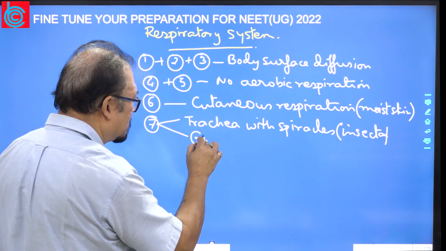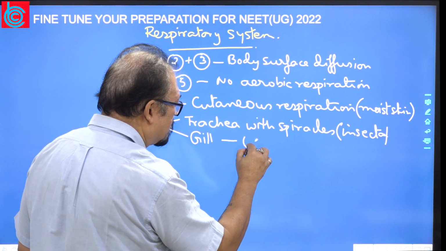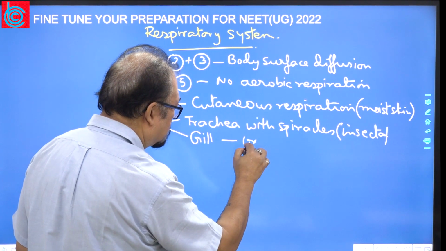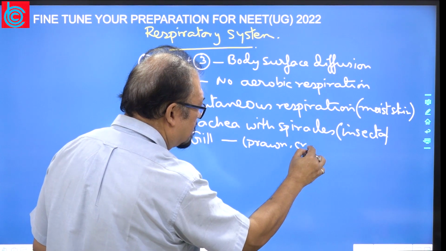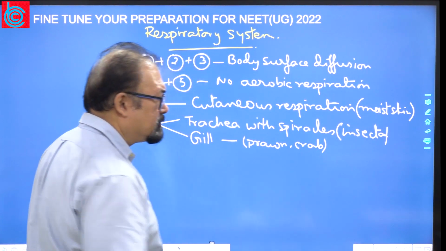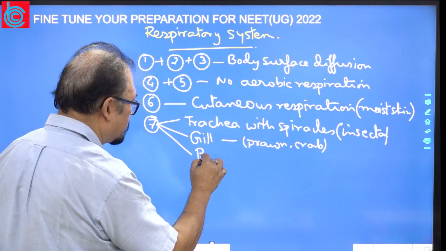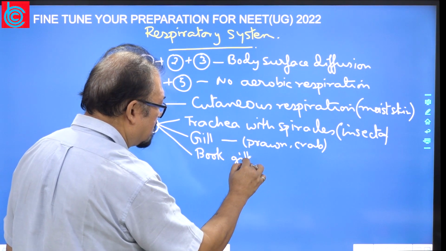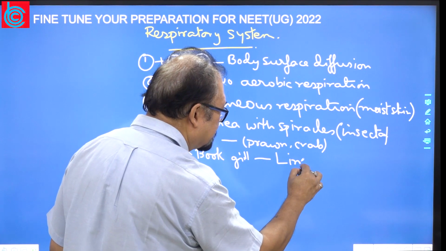Gill: which animals? Prawn, crab, etc. Book gill: it is present in horseshoe crab or Limulus.